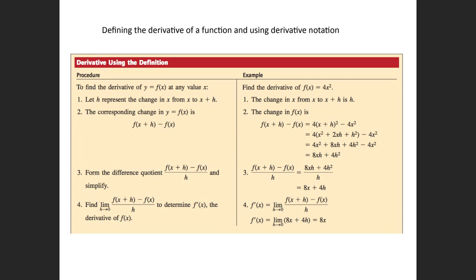And that equation is the limit as h approaches 0 of f of x plus h minus f of x all over h. That is our function. Oh no, that seems a little hard. Okay, let's try an example.